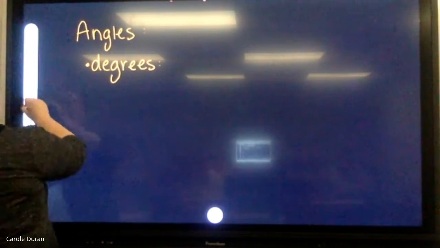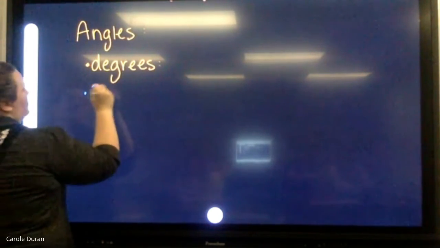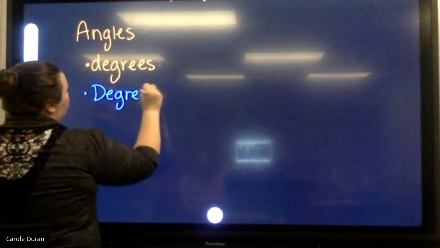That's what we are most familiar with. But there are actually at least two other ways that we can write and express an angle measure. The one that we are going to look at right now is going to be degrees, minutes, and seconds.